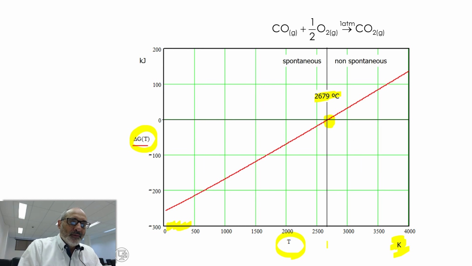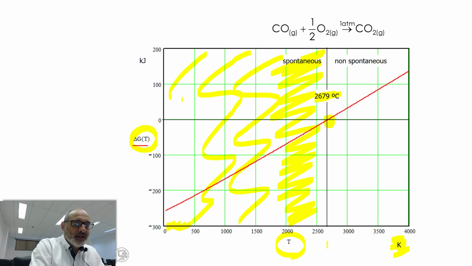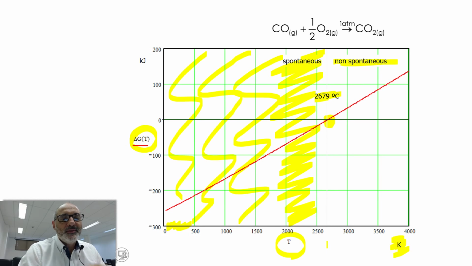And below this temperature, 2,679, the process is spontaneous. In all this region here, the process is spontaneous. And of course, above this temperature, the process is non-spontaneous, okay?